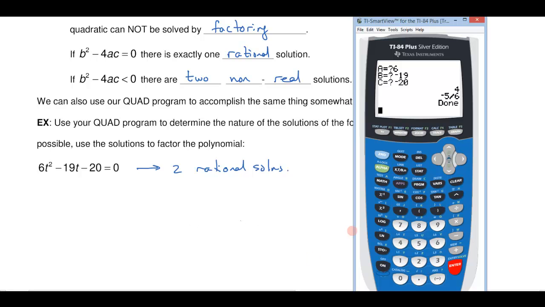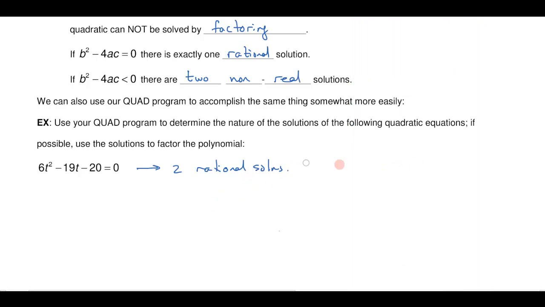All right, so my solutions were t equals 4 and t equals negative 5/6. And not only does that tell me it's factorable, but it also gives me an idea how to factor it, because I can take these solutions and work backwards.